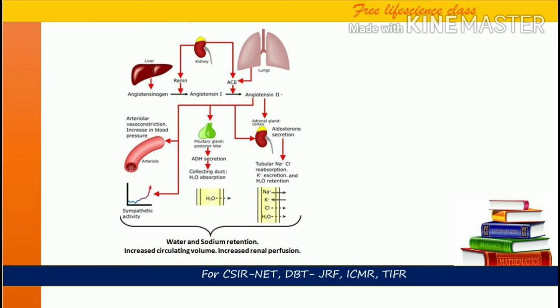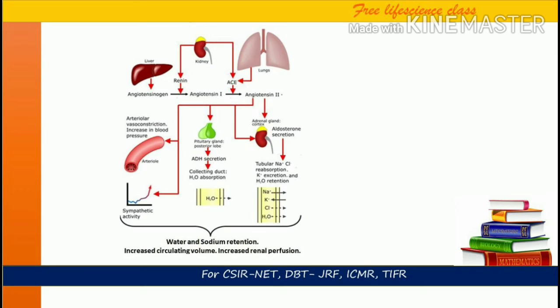Okay, so from the kidney, renin is synthesized. The chemical known as renin is synthesized. The renin from the kidney and angiotensinogen from the liver together help in the formation of the second chemical, angiotensin 1. This angiotensin 1 with the help of ACE produces angiotensin 2.